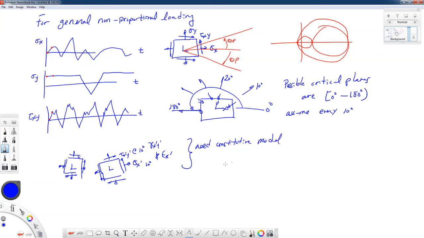Now, if we do a multiaxial plasticity model, we can start with our baseline sigma x, sigma y, tau xy, and take that time history of these stresses and calculate the time history of the strains, and then do our resolving to these potential critical planes.